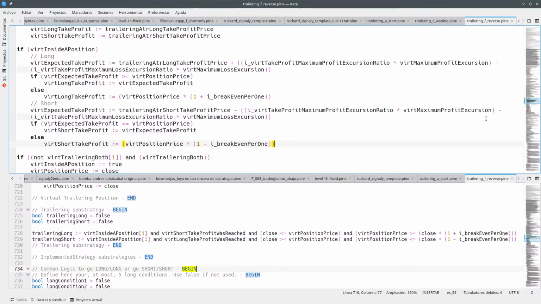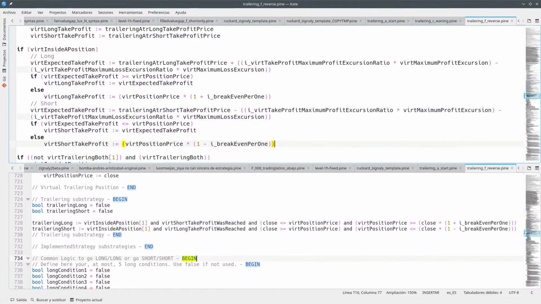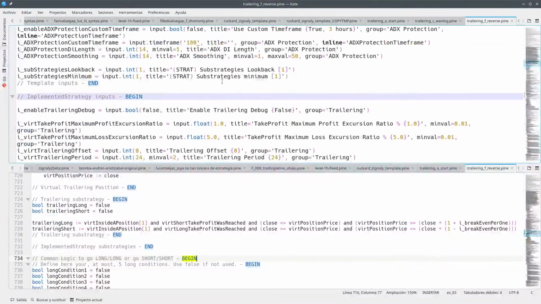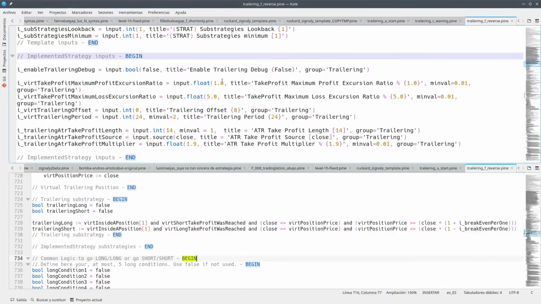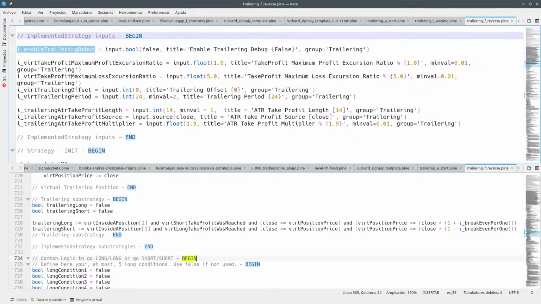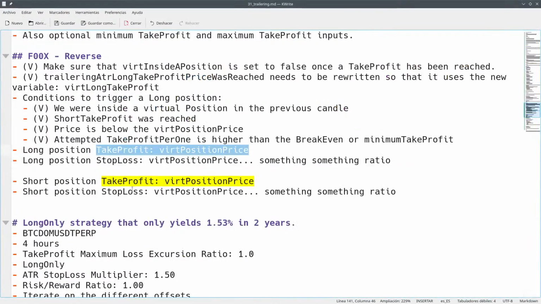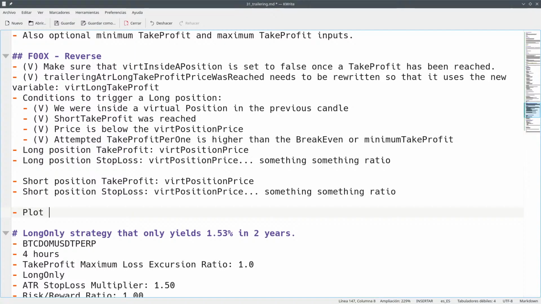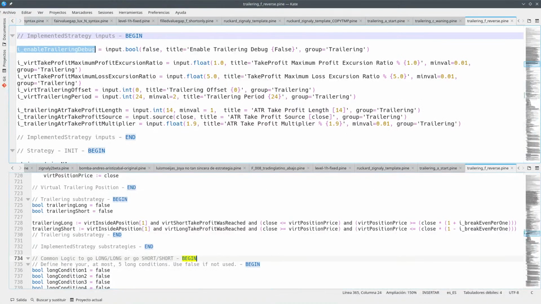So this variable should be whatever we were using originally. Here we have this trailing debug, which we also need to write down, as we need to plot whatever is needed, because we have not plotted anything yet, and we should plot the take profit stuff.